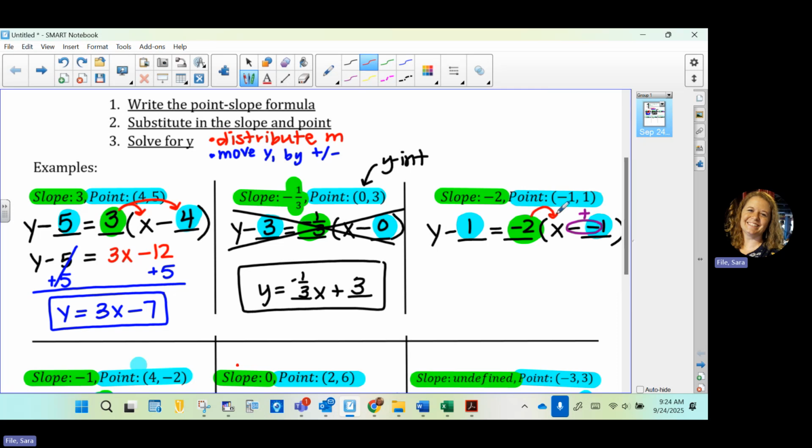So now we're going to distribute the negative 2. So that's negative 2x. And then that's negative 2 times positive 1. So that's negative 2. And then I move the 1 by addition.